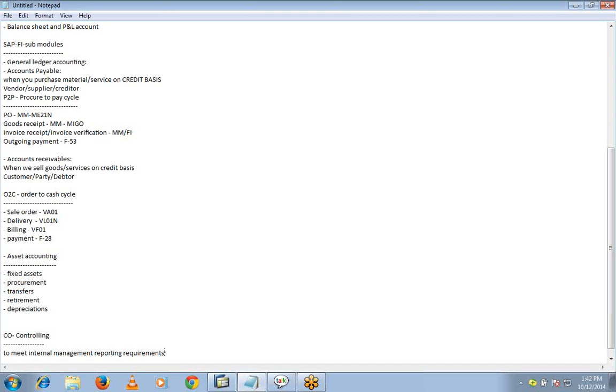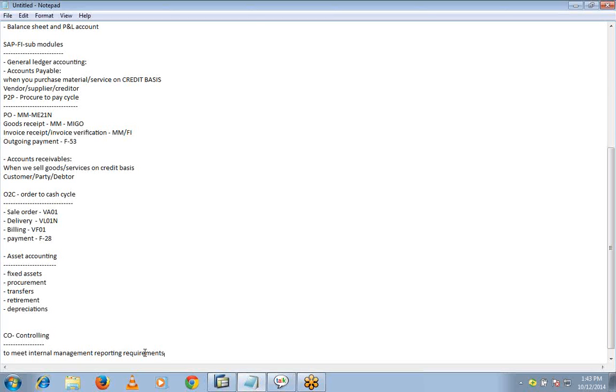Now, a simple example I will give you, a simple example for the management report. Assume that I am a manager of the finance department. I want to know what cost is being incurred for my department on a monthly basis. I would be giving my plan values.